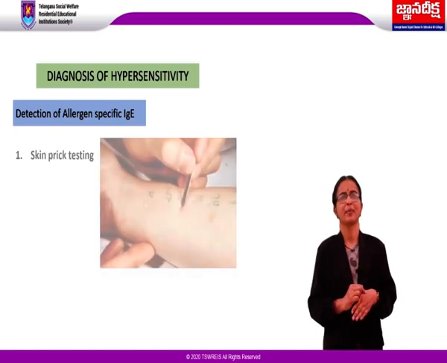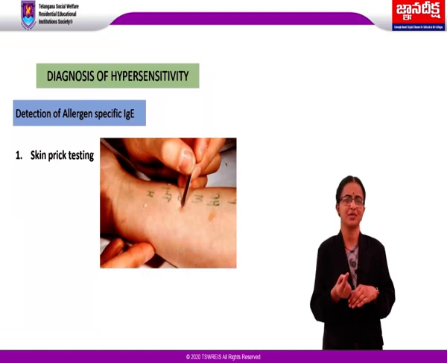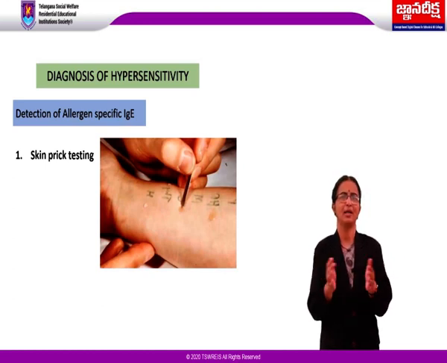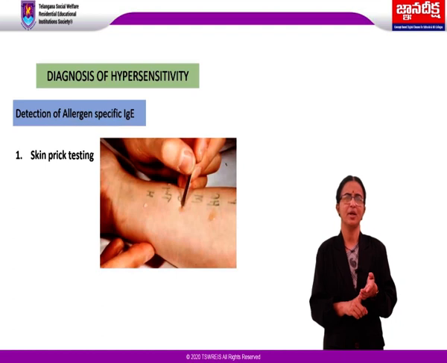Skin prick testing. This relies on the introduction of very small amount of allergen extract into the epidermis using a standardized method to ensure reproducibility and comparability of results. The results of skin prick testing are read in 10 minutes. Here the positive control taken is histamine dihydrochloride or codeine and 15 minutes for the allergen.